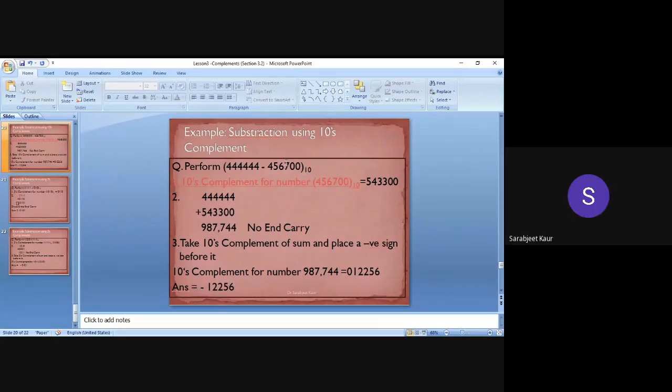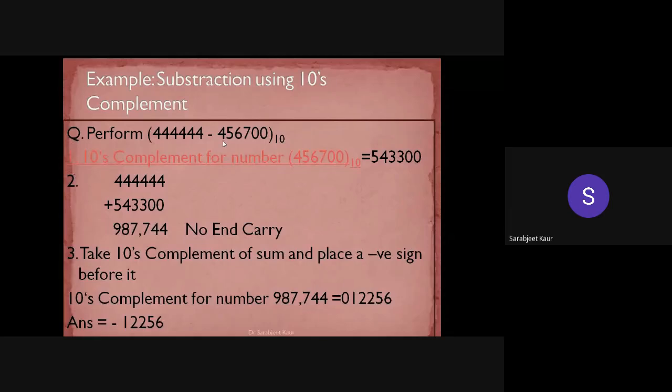Okay, let us do this together. So we again add the tens complement of this subtrahend to the minuend, which gives us this. There is no end carry.